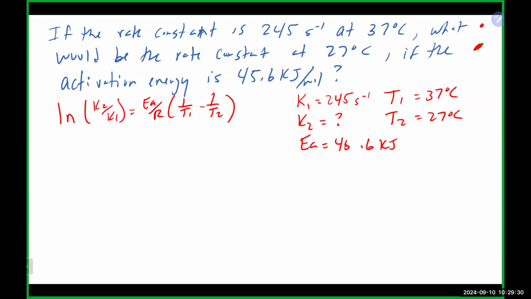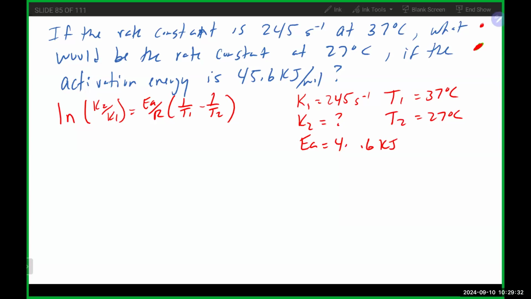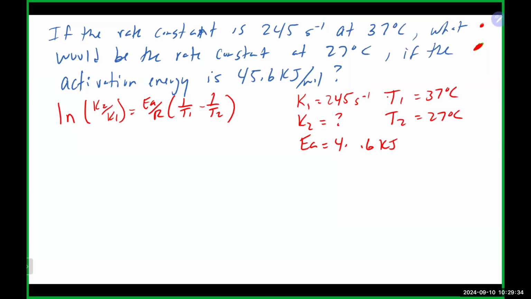All right, so we do need to do a couple things here. We do need to end up with Kelvin on our temperatures, so we've got to convert that into Kelvin. So we're going to add 273 to both of these. That's going to give us 310 Kelvin, I believe, and 300 Kelvin in this particular case.